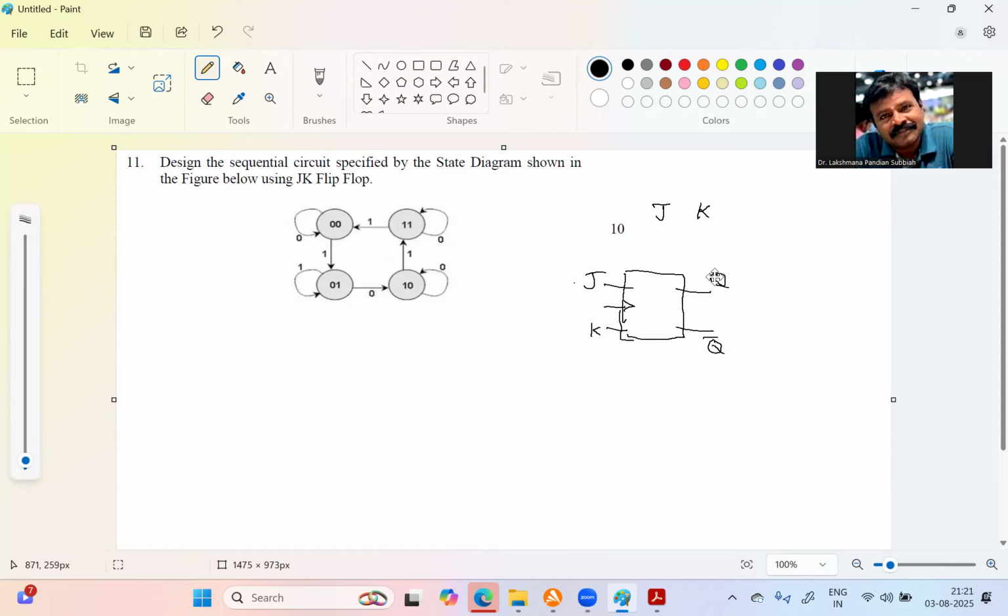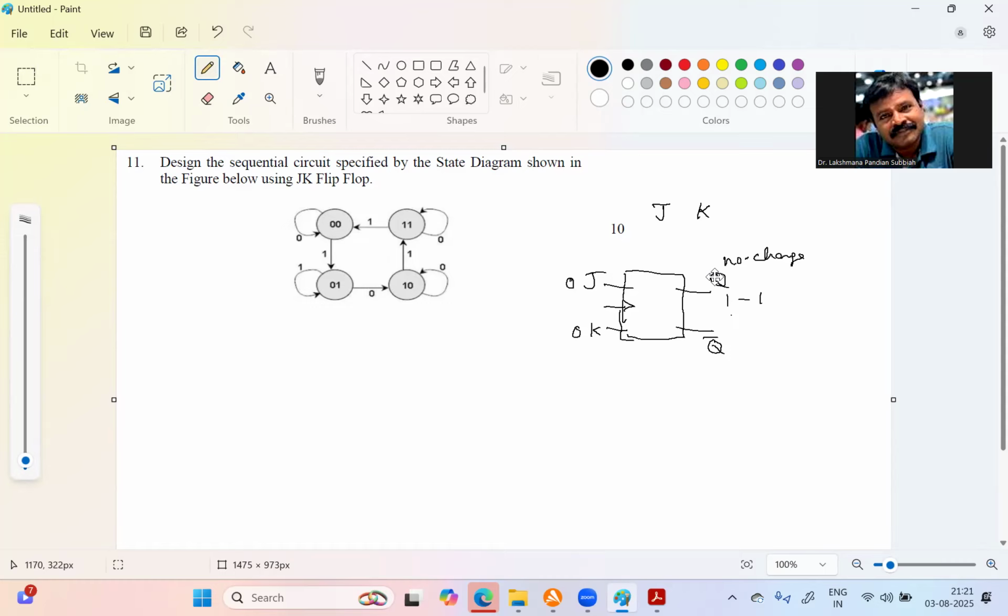Now, if you give the value 0 0, then there is no change in value. This is the storage condition. If you apply 0 0 and Q is already 1, then you retain 1.